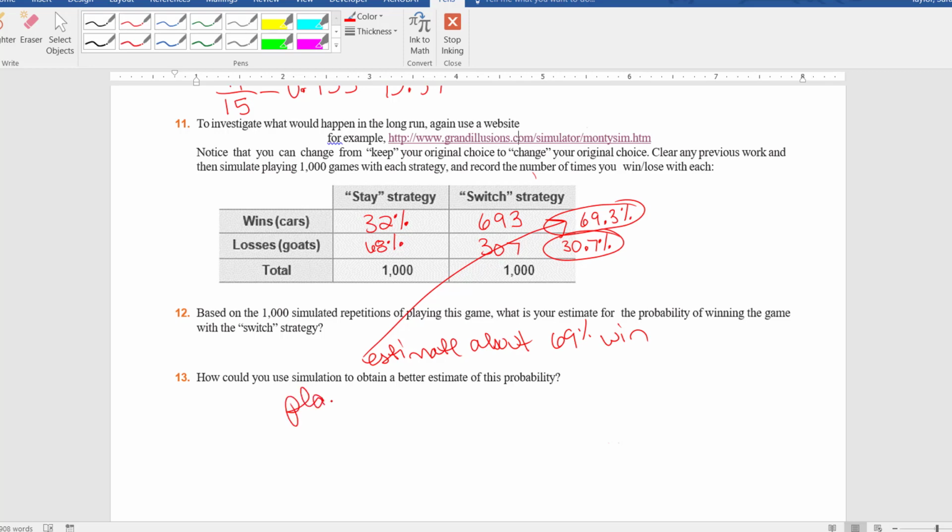We could play more games, maybe 10,000 or 100,000 times, and see what the probability of winning the car is if we play more and more and more games. Remember, probability is the percent of times that you win in the long run.